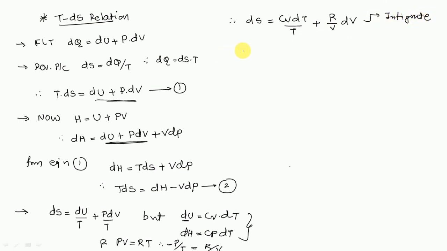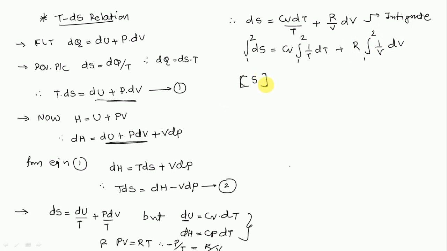this equation, then ds, Cv is constant, so it is 1 upon T dT, integration with limit 1 to 2, plus R upon V, R is constant, 1 to 2, 1 upon V into dV. So here if we integrate, S is S 1 to 2, Cv.